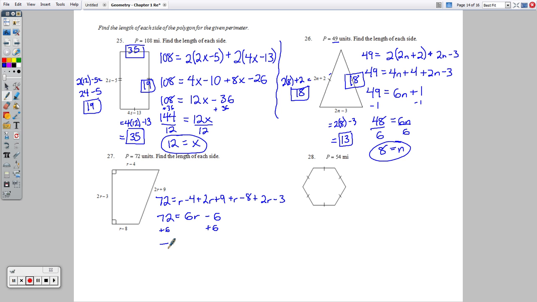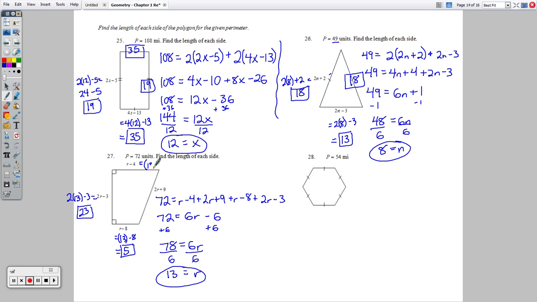Add 6 to both sides. And then divide that by 6. And it looks like that means you would have r is 13. Take that value, plug it in. 13 minus 8 is 5 on this side. Over here, 2 times 13 minus 3 would be 23.